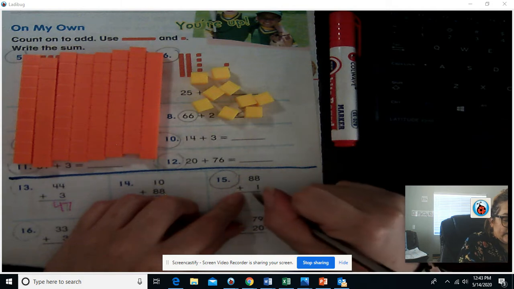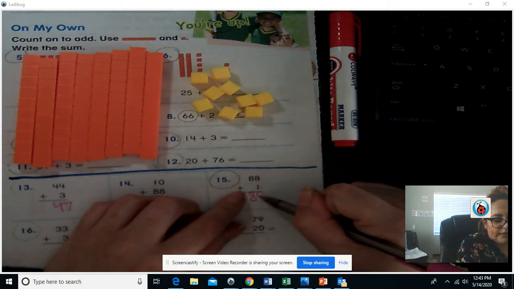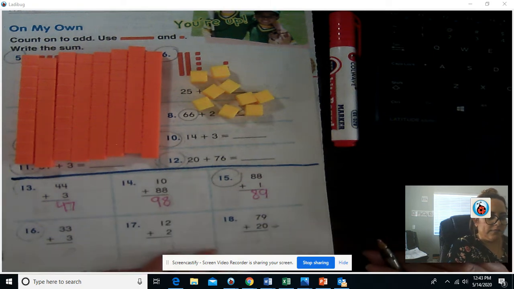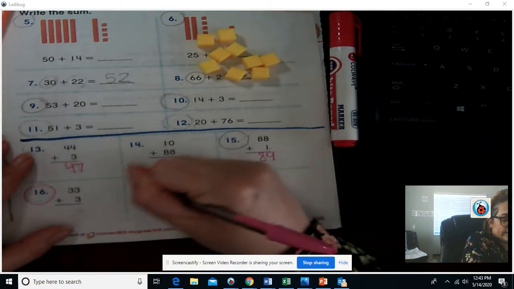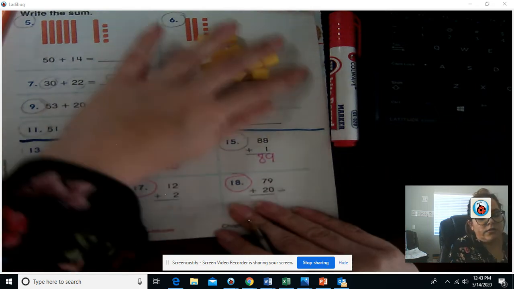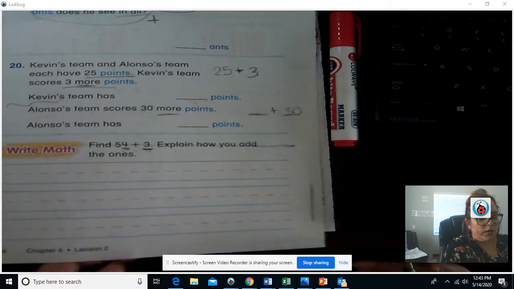So 80, 8 plus 1 is 9, 89. Okay, I want you to do 16, 17, and 18 on your own. We're going to turn the page to do our word problems.